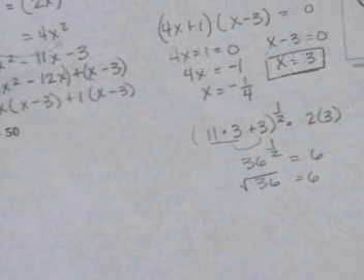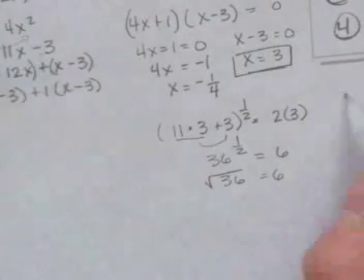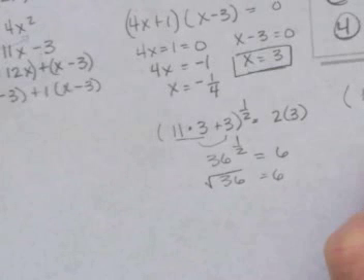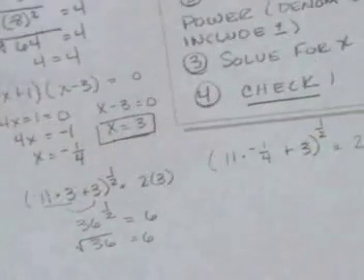Now I need to check the negative 1/4. So again, I go back to my original equation. 11 times negative 1/4 plus 3 to the 1/2 power is equal to 2 times negative 1/4. Oops, let me scoot this over so you can see.